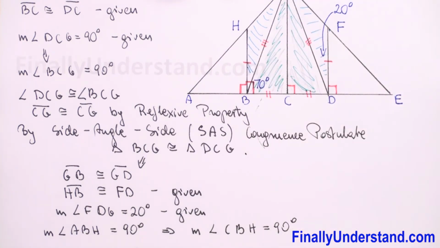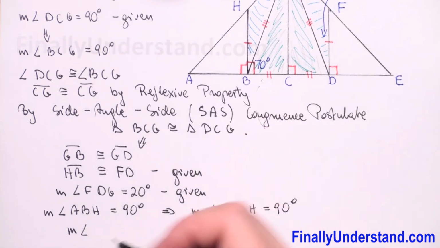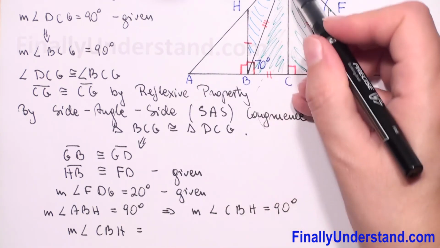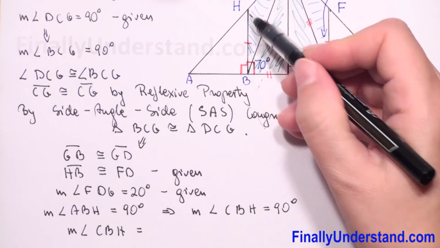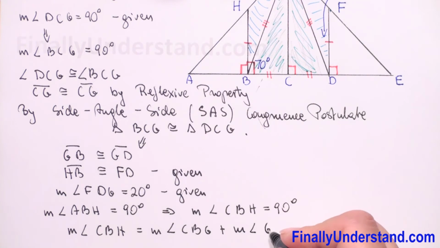So let me write that the measure of angle CBH is equal to the measure of angle CBG plus the measure of angle GBH.